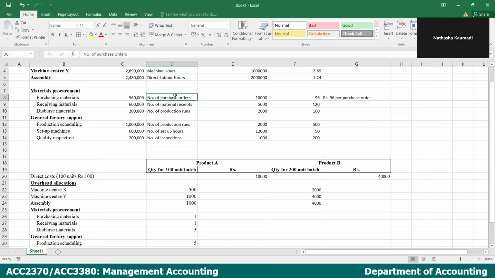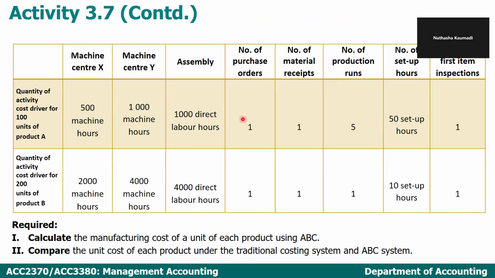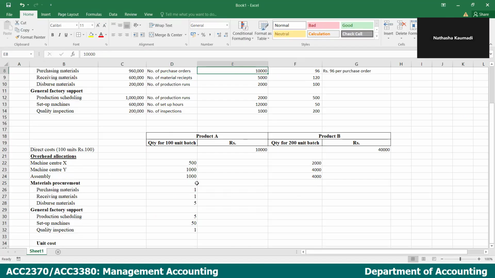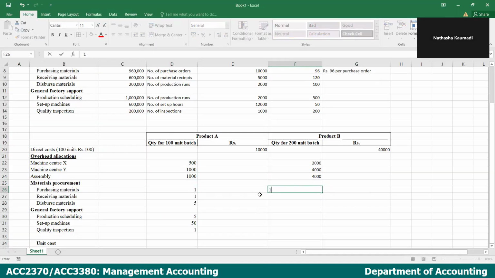Purchase orders. So, how many purchase orders do we need to produce 100 units of product A? Only one. That's why I have written only one here. I haven't mentioned the name, but you know it is the purchase orders. What about product B? Again, one.